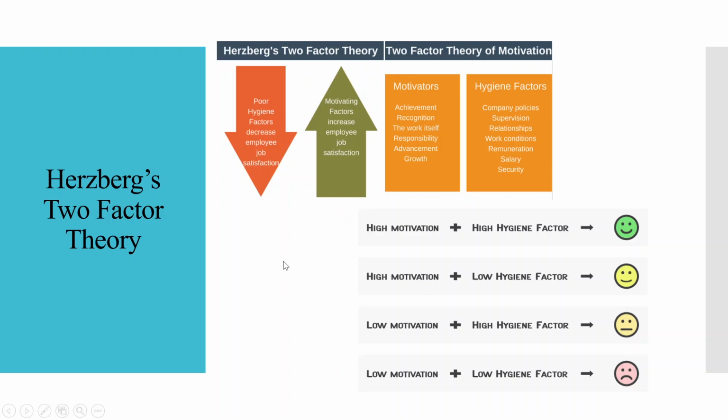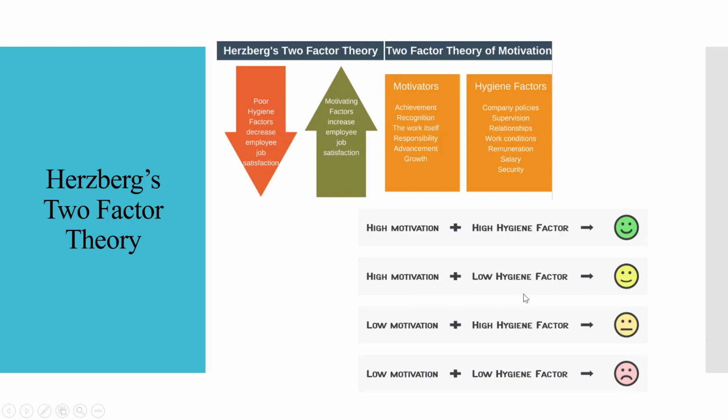It's exactly like Herzberg's two-factor theory. Motivating factors increase employee job satisfaction. Poor hygiene factors decrease job satisfaction. So the absence leads to decreased employee job satisfaction. So high motivation, high hygiene factor, present, leads to job satisfaction.